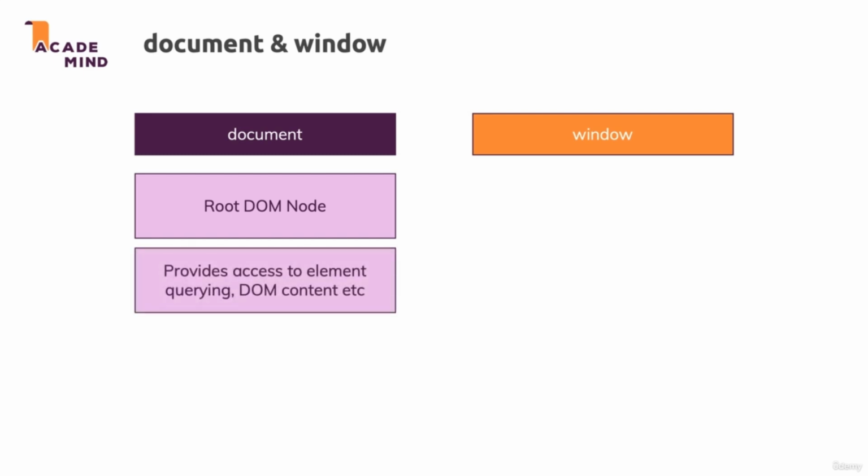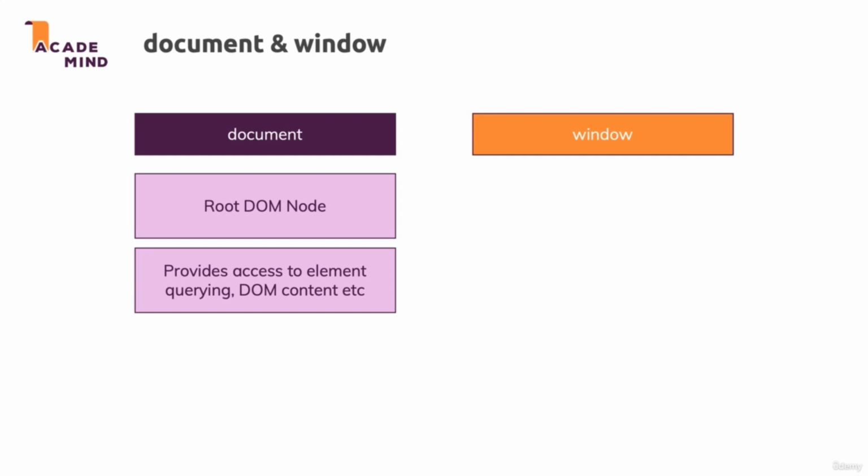So this provides you various methods and functionalities to query for HTML elements and to interact with the DOM content, so to interact with the loaded HTML code. Window, on the other hand, is a global object which, as I just said, actually has document as a property. So window is the real topmost global object made available to you in JavaScript in the browser.